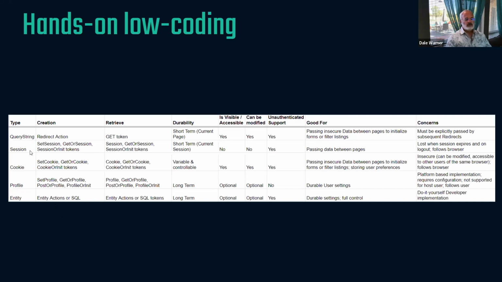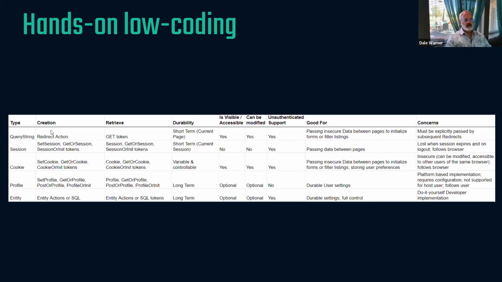There is a tool called Session that you can put information into. You can use the cookies of the browser to keep information. Within the platform that underlies Plant an App, there is a concept called profile, and you can interact with the profile, and then you can do your own thing by using entities. And I guarantee there are others that we haven't covered and may be of use as well, but these are the common ones.